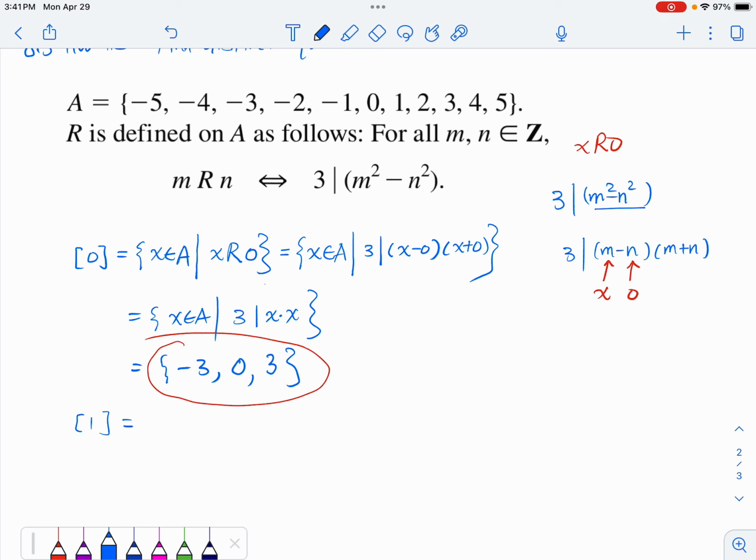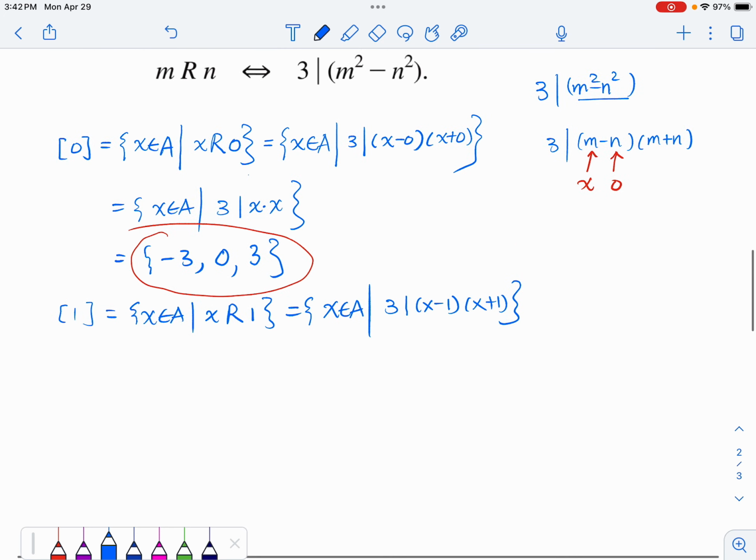So we are searching for x in A so that 3 divides, okay. I should probably not skip this step so that you have a little more information here. We are looking for x related to 1, which means these are the x such that 3 divides x minus 1 times x plus 1.